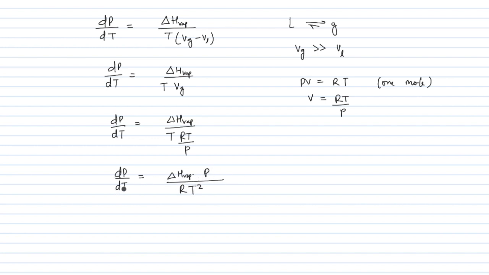Now I can redistribute the variables. So I'll have dP by P equal to delta H of vaporization divided by R, times dT by T square. Now I just have to integrate both sides.